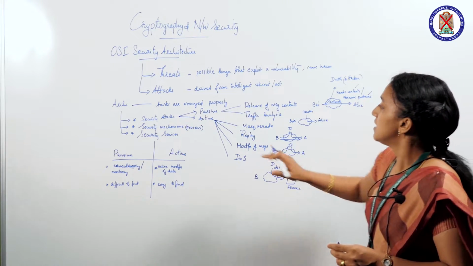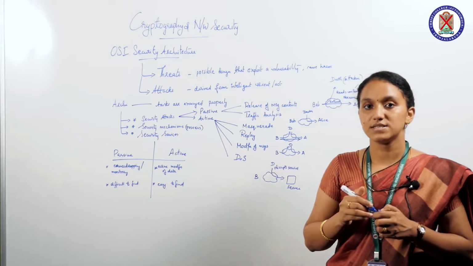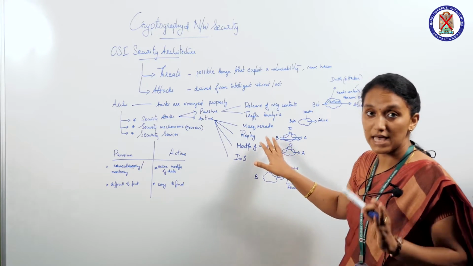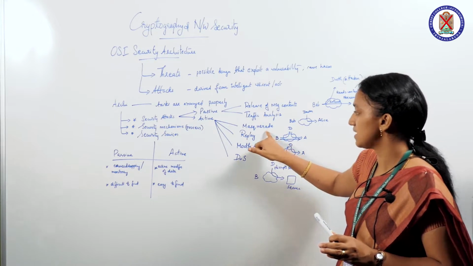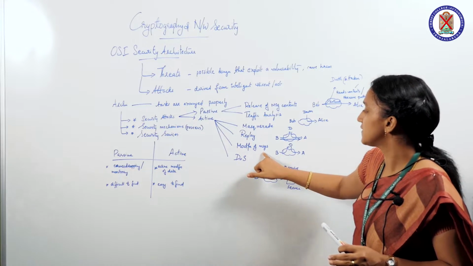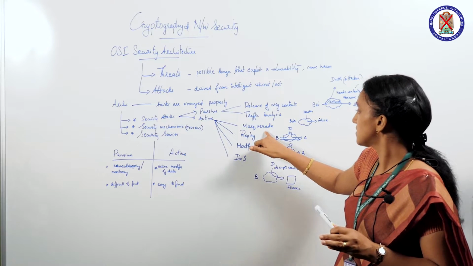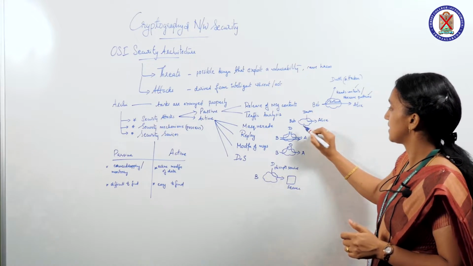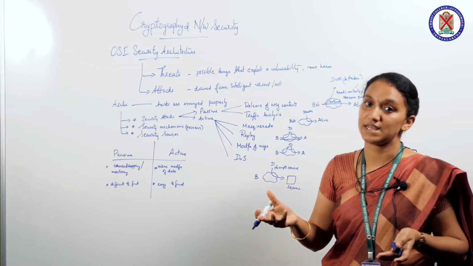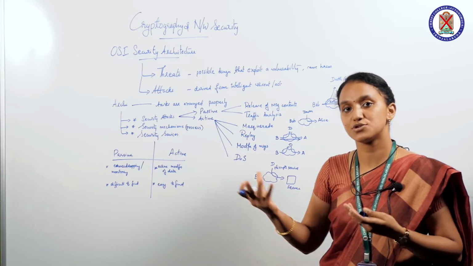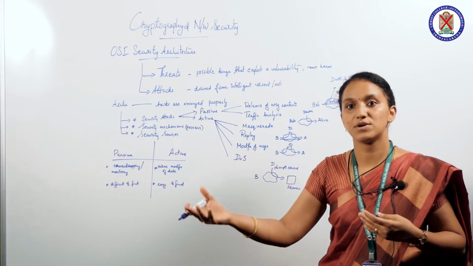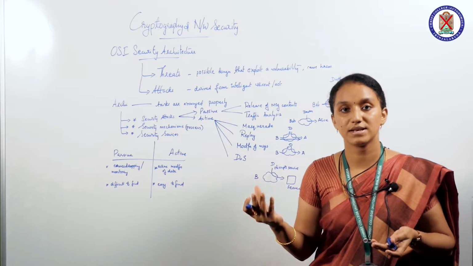When it comes to active attacks, there are mainly 4 active attacks. One is the masquerade, replay, modification of messages, and denial of service. Masquerade is nothing but identity pretending. I send a message to someone else, pretending that I am somebody else.